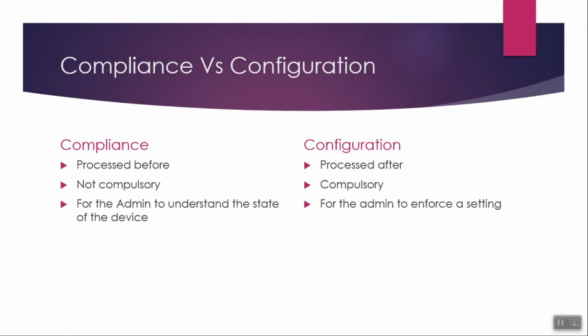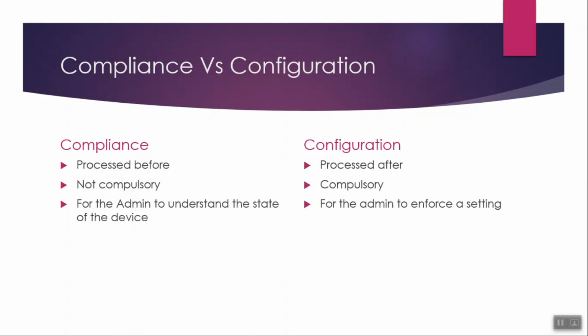So looking at the device compliance, the admin can actually find out that out of all the 100 devices that the admin has enrolled in his tenant, how many devices are adhering to the compliance policy that has been set and how many are not. However, device configuration policy is something for the admin to enforce.